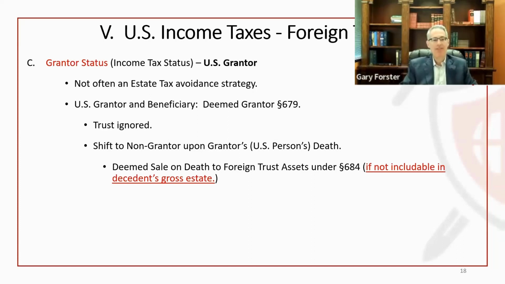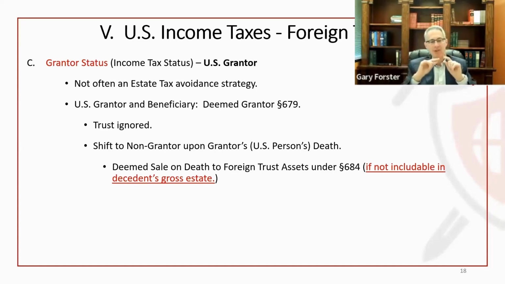And if it is not ignored, there is a deemed sale of all assets transferred to the trust. So this happens for US people if for whatever reason there's no US beneficiary. If you transfer all the assets into the trust, it's as if you sold everything. That does not occur until death if there's a US beneficiary.